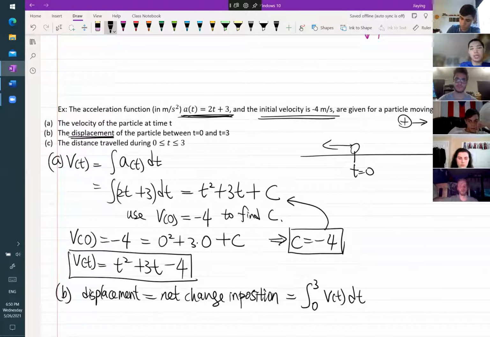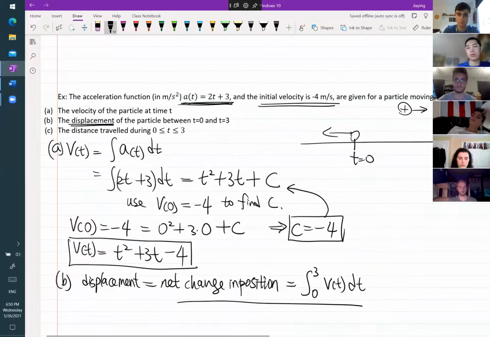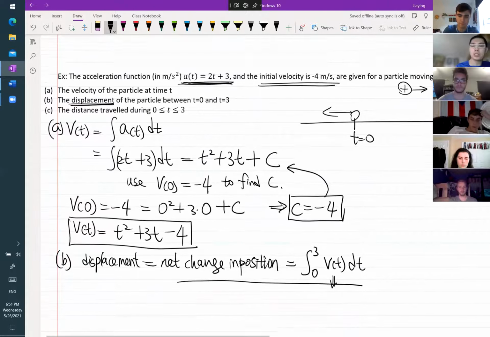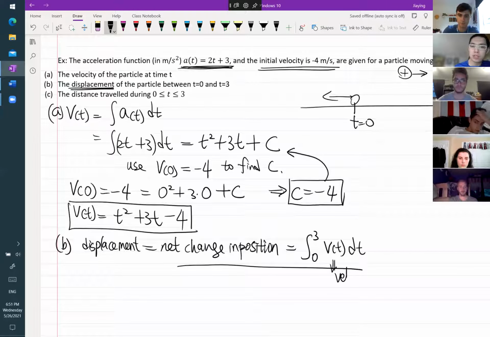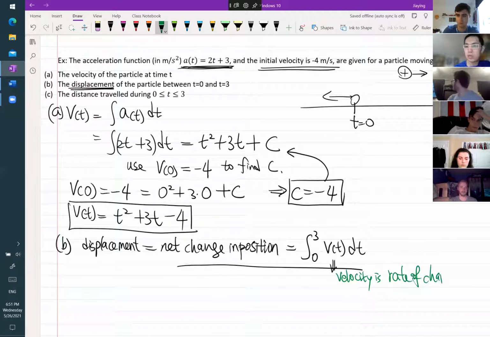This is what the net change theorem says. If you want to find the net change in something, you have to integrate the rate of change of that variable. In this case, the velocity is the rate of change of position.